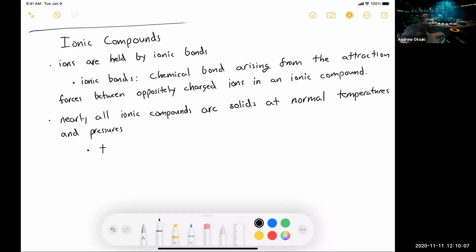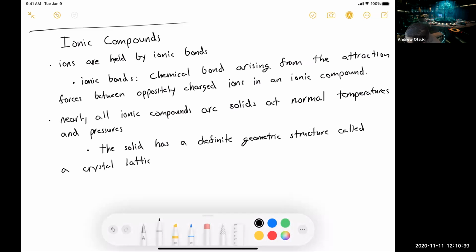So the solid has a definite geometric structure called a crystal lattice. So you can expect this for all ionic compounds. Okay.